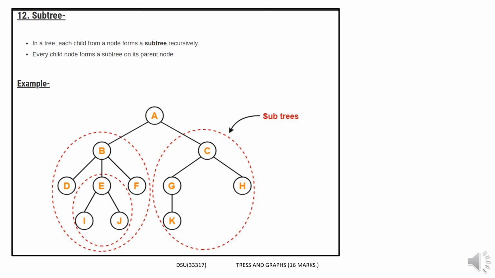Then again E, I, J is the third subtree. So each child from a node forms a subtree. These are the subtrees. And also we can say that a subtree is a tree containing nodes, a tree within itself.